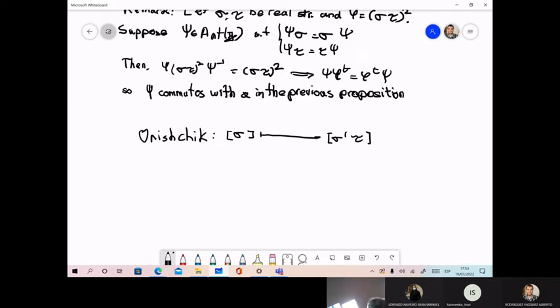So we will proceed in a different way. Here we have sigma, a real structure.